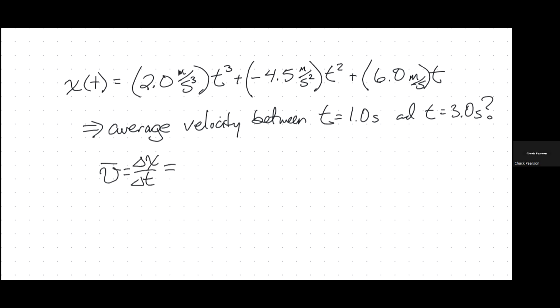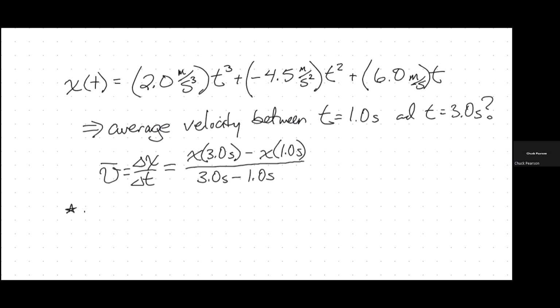But that's going to mean we need x at 3.0 seconds, and we're going to need x at 1.0 seconds before we can actually deal with the 3.0 seconds minus 1.0 seconds story down here. So let's do a couple of computations.